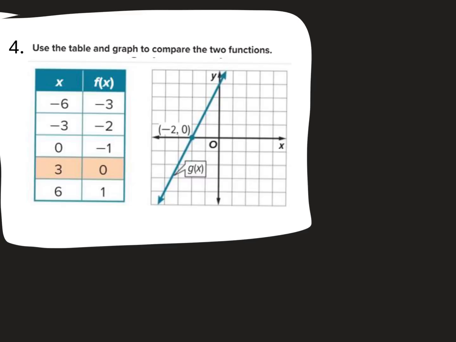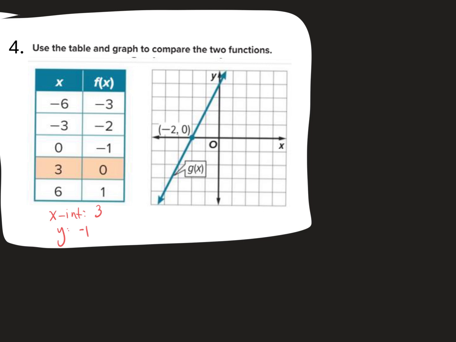Number 4, we're going to use the table and the graph to compare the functions. Let's look at intercepts, the first thing that my mind and my eye is drawn to. As I look at the table, my x-intercept, that's where y is 0, is 3, and my y-intercept is -1.